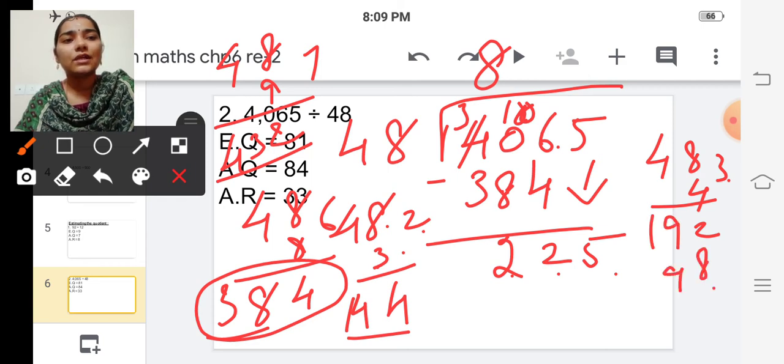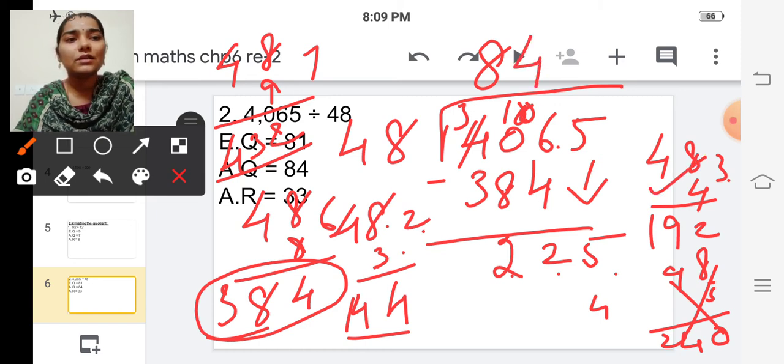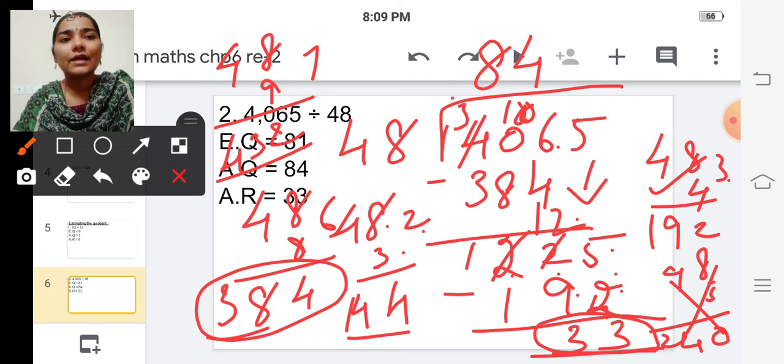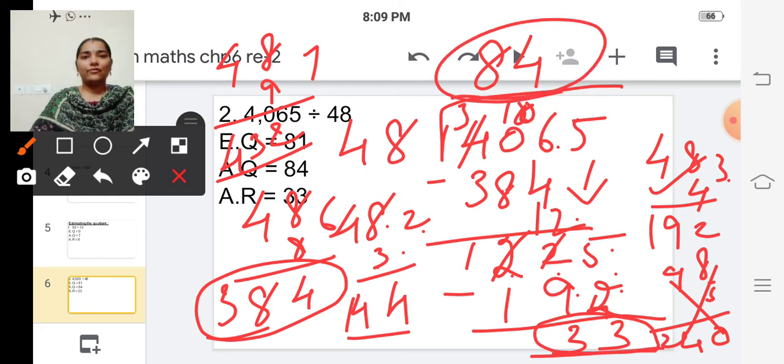If we take 48 5s, then 8 5s are 40, remaining 4, and 4 5s are 20, 20 plus 4, 240. So we cannot take 5 times. So we'll take 4 times. Okay. So write 4 here and write 192. So subtract 5 minus 2 is 3 and borrow 100, so it will become 12. 12 minus 9 is 3. So the actual remainder is 33 and the actual quotient is 84.